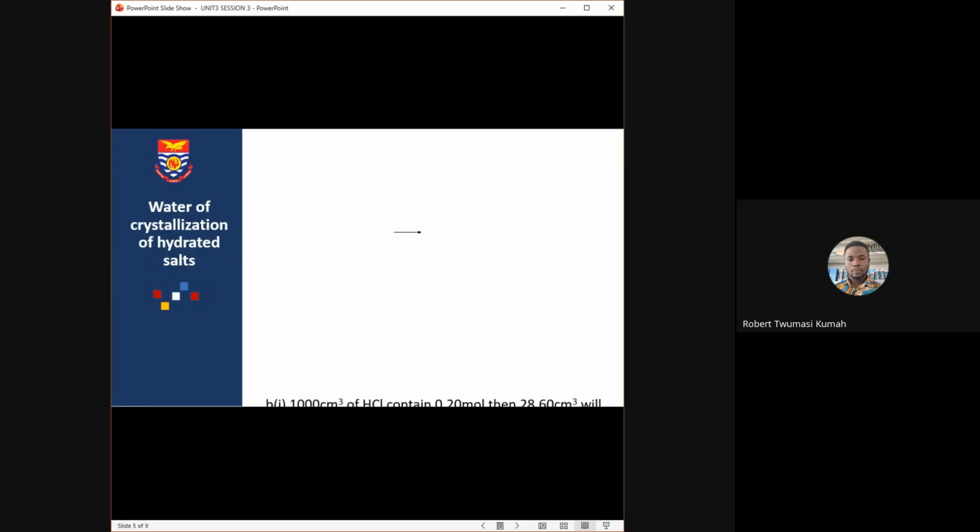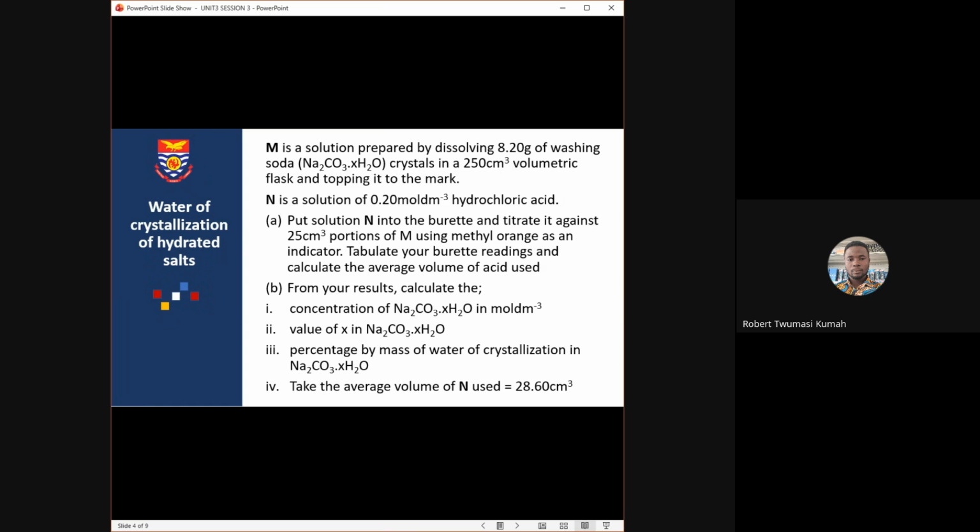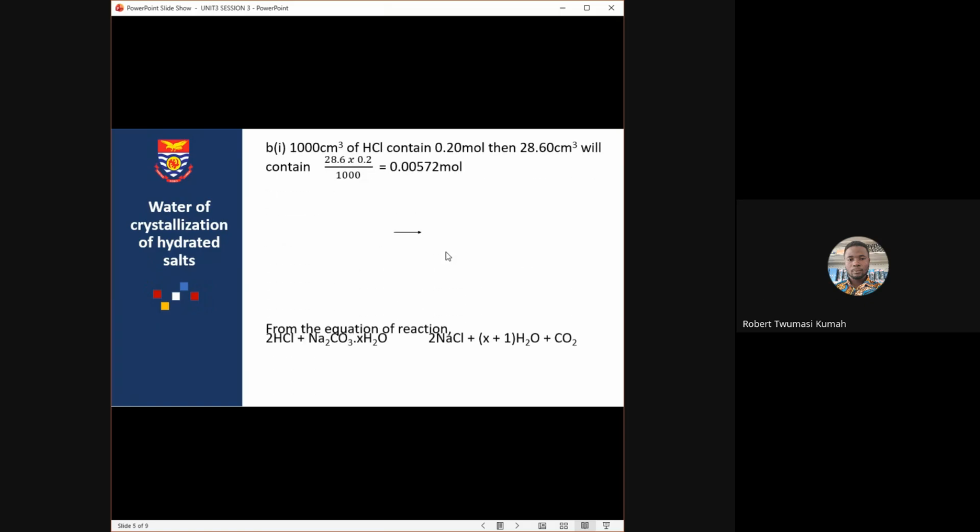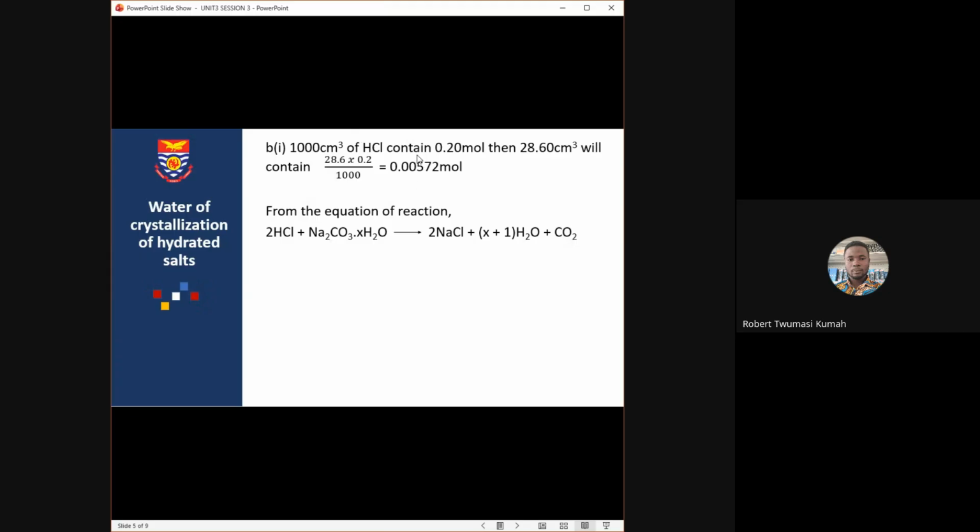Okay. So we are going to start our solution from N. If 1000 contains 0.2, then 28.6 will contain how much? It will contain 0.00572. Then we'll go to our equation of reaction, and then we'll look at the agreement.